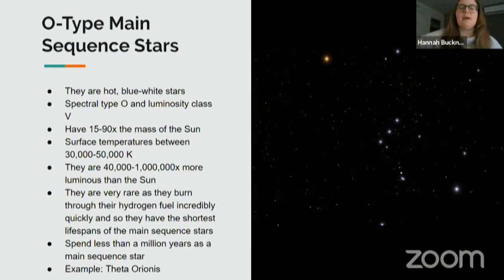And actually the energy is related to heat. So a star that has more energy or a higher temperature is going to have a lot more energy in its wavelength.